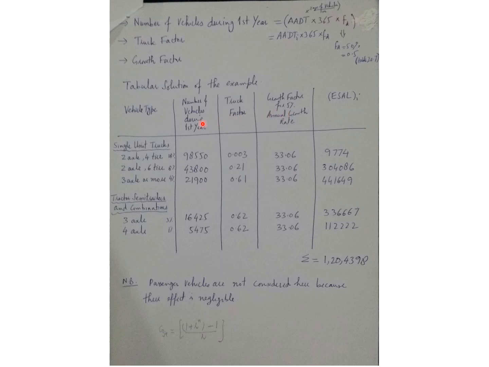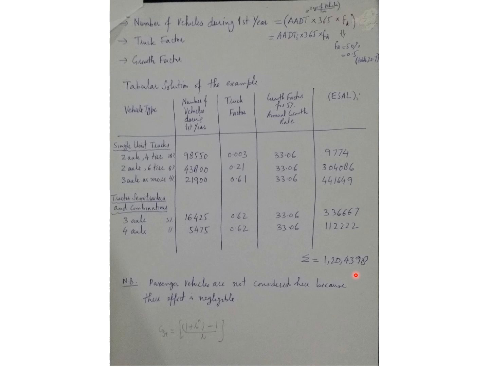So in this way, in fact, we have used the formula for the equivalent single axle load, which is given on the previous slide. So in this way, we have got these values. So if you just add all these numbers, the sum is coming this one, 1204398. So this is the accumulated equivalent single axle load, or the design equivalent single axle load.